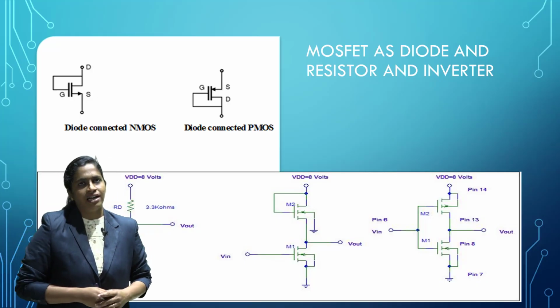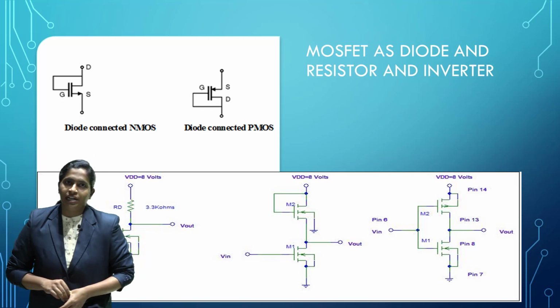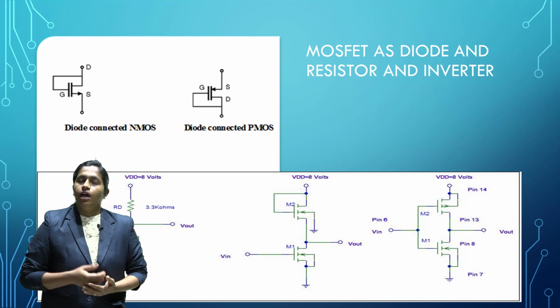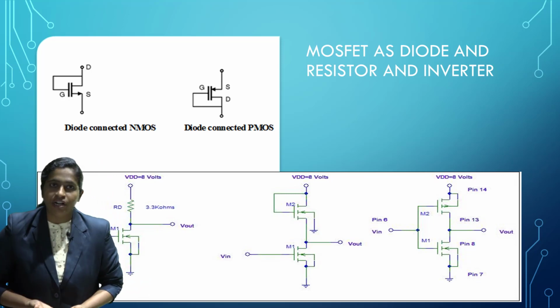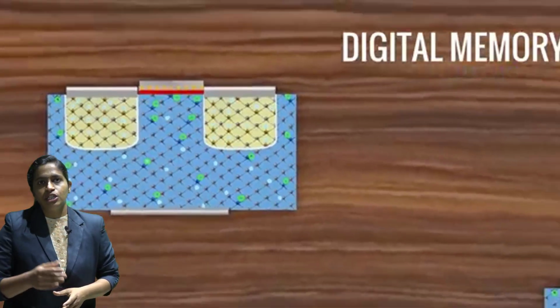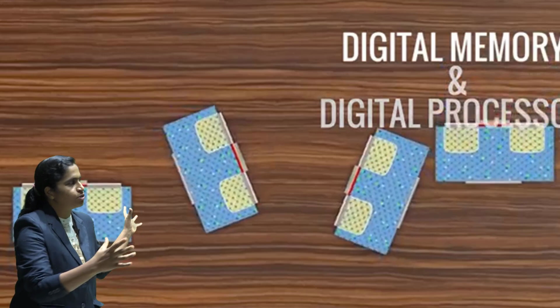Another application is that we can use a MOSFET as a resistor, as a capacitor, as a diode, and as an inverter. We can also use a MOSFET as a memory element for static RAM, when 4 MOSFETs are combined together.